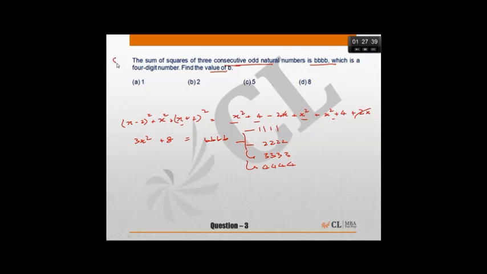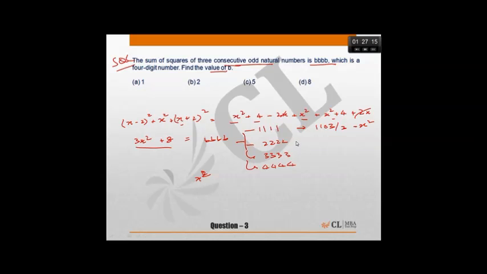So checking the choices becomes a part of SQC. So 3x square plus 8 should be equal to this. So what should x square be? x square will be 1111 minus 8. This would mean 1103 divided by 3 should be x square. Now this I am saying is x square.